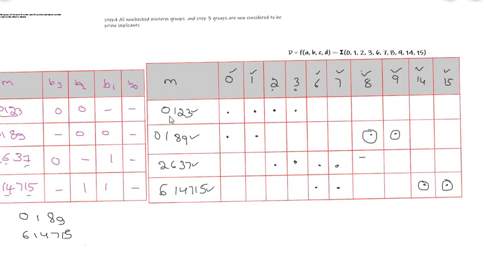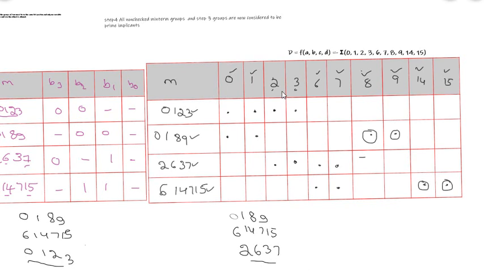So it is called a selective prime implicant. You can either take the group 0, 1, 2, 3, or you can go with the other group 2, 6, 3, 7. In that case, 0, 1, 8, 9 is anyway an essential prime implicant, and 6, 14, 7, 15 is required, and either I can take 0, 1, 2, 3 or 2, 6, 3, 7.